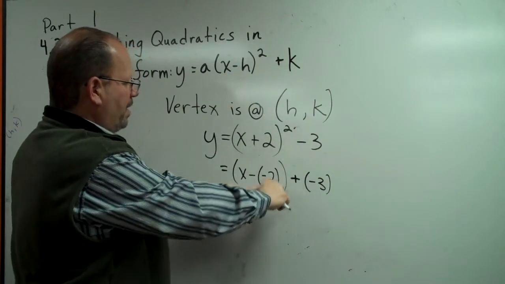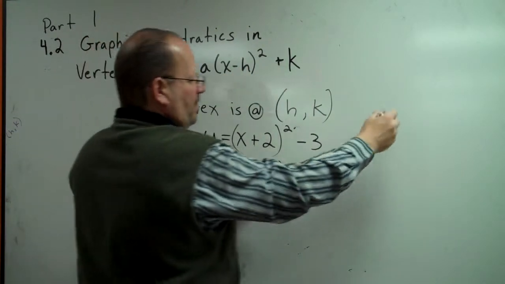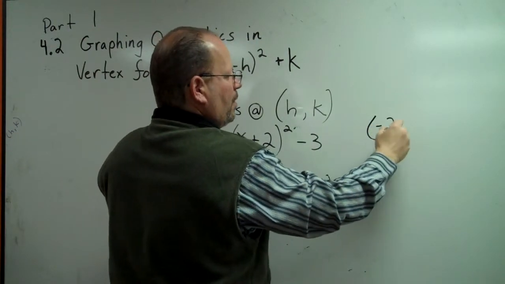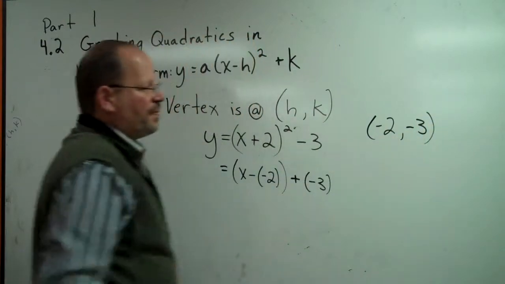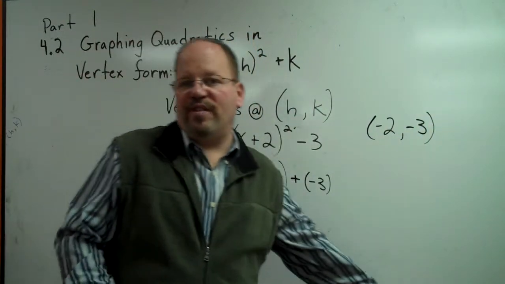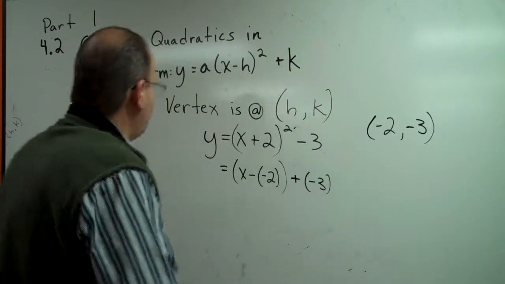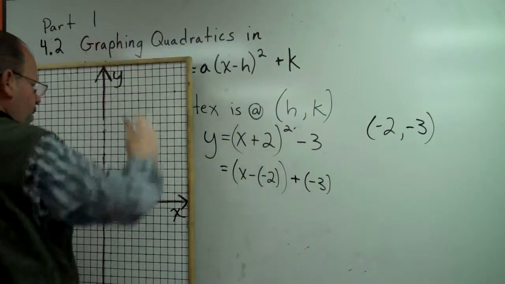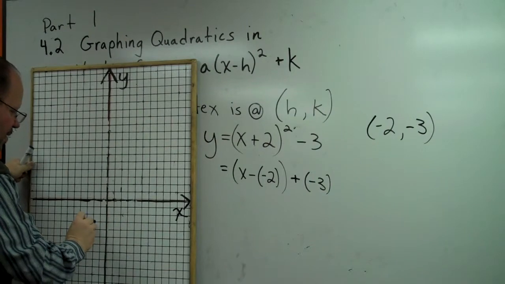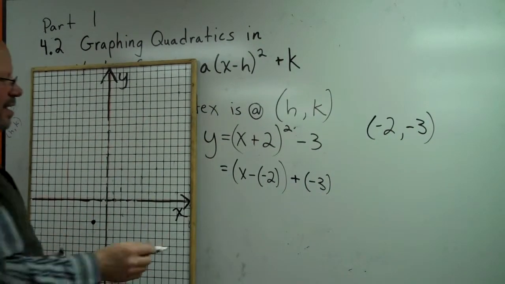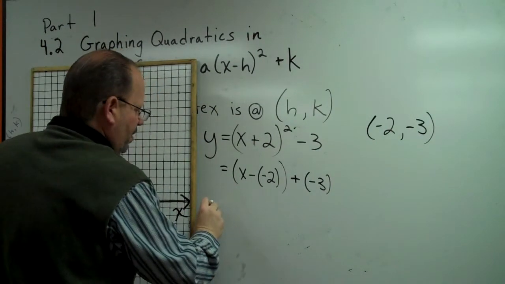So we find that h is negative 2 and k is negative 3. And there's the point of our vertex: negative 2, negative 3.